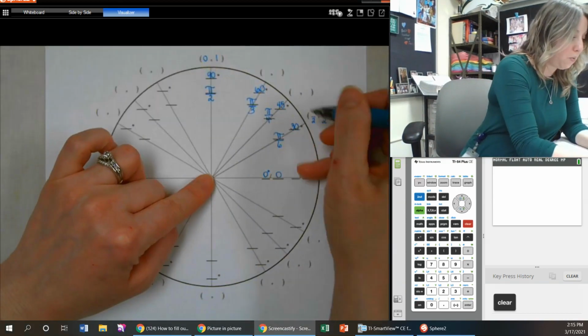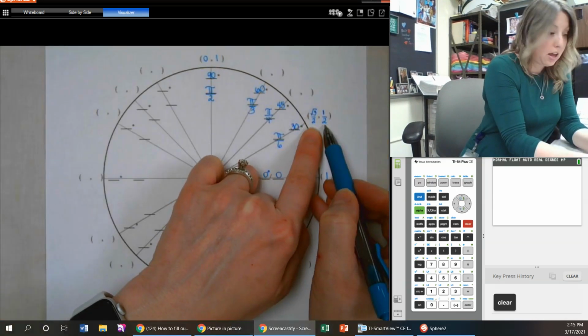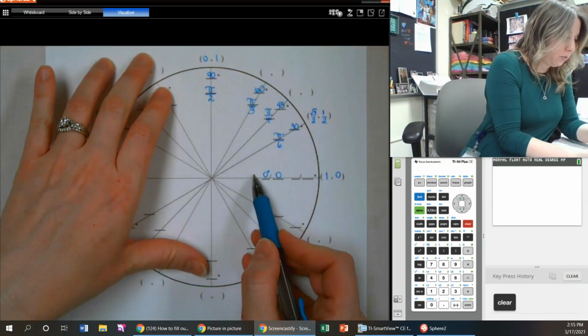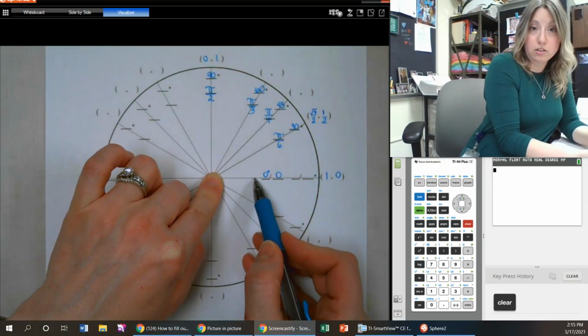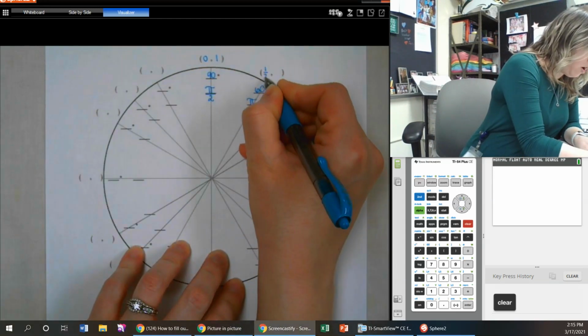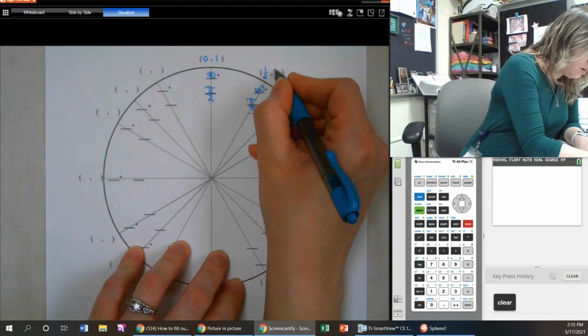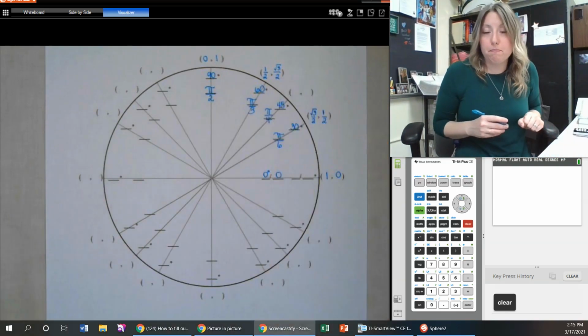That leaves the other one to be the radical 3. And now that I know that, if I go to the 60 degrees right here, where now our angle in question is 60 degrees, you just invert these guys, flip it over. It's 1/2 is the x value, radical 3 over 2 is the y value of that coordinate.